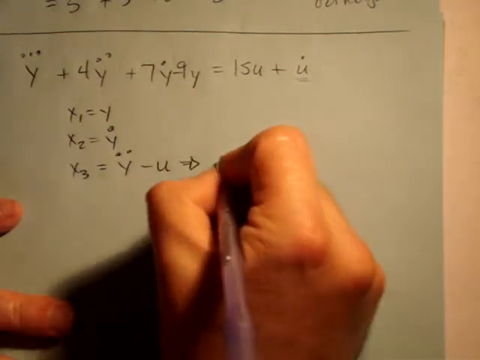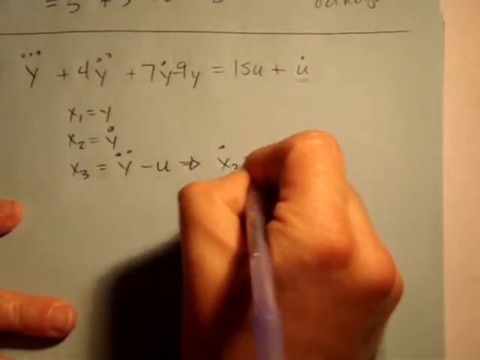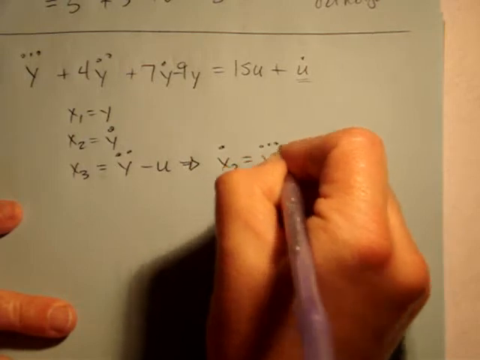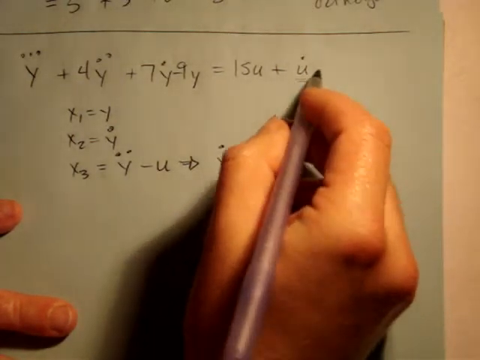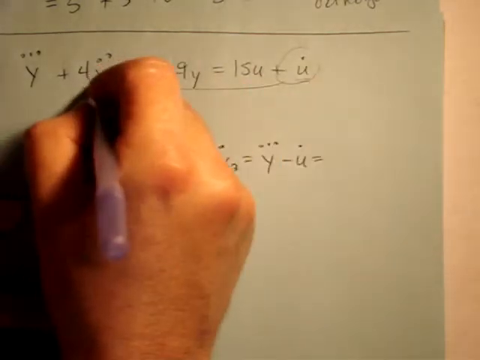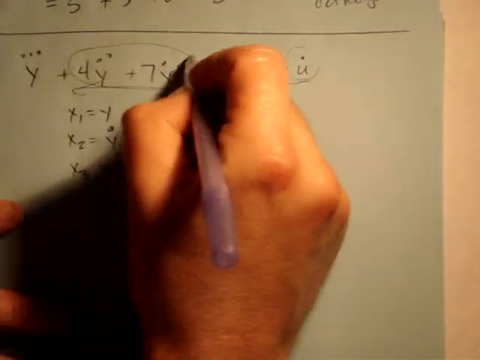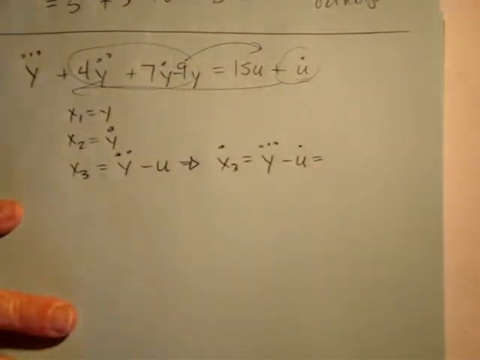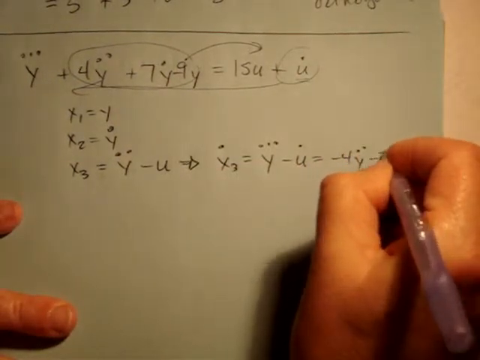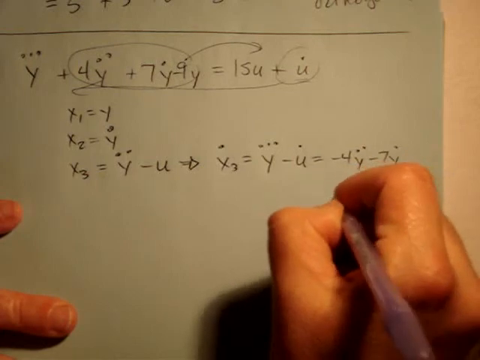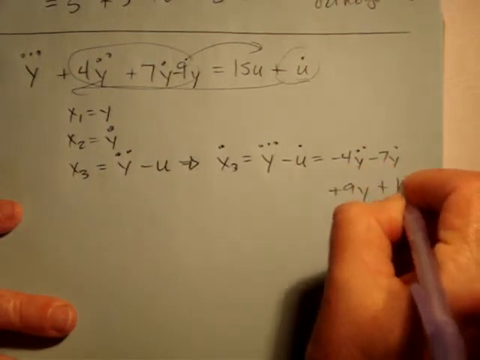Then x3 dot is y triple dot minus u dot, and we can use this equation over here, rearrange, bring the u dot to that side and these other terms to the right hand side. We get minus 4y double dot minus 7y dot plus 9y plus 15u.